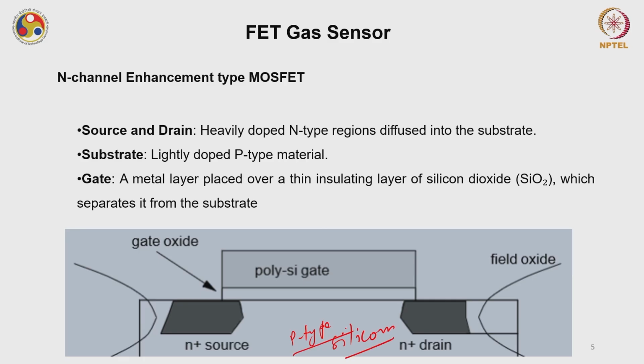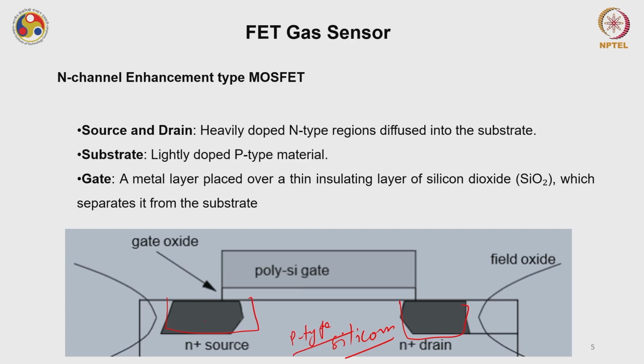In these two areas, this area and this area, the material has been heavily doped. This doping is achieved either by ion implantation or by diffusion. So two areas have been doped heavily with n-type impurities, and these diffused regions are known as source and drain. The substrate is a lightly doped p-type silicon.